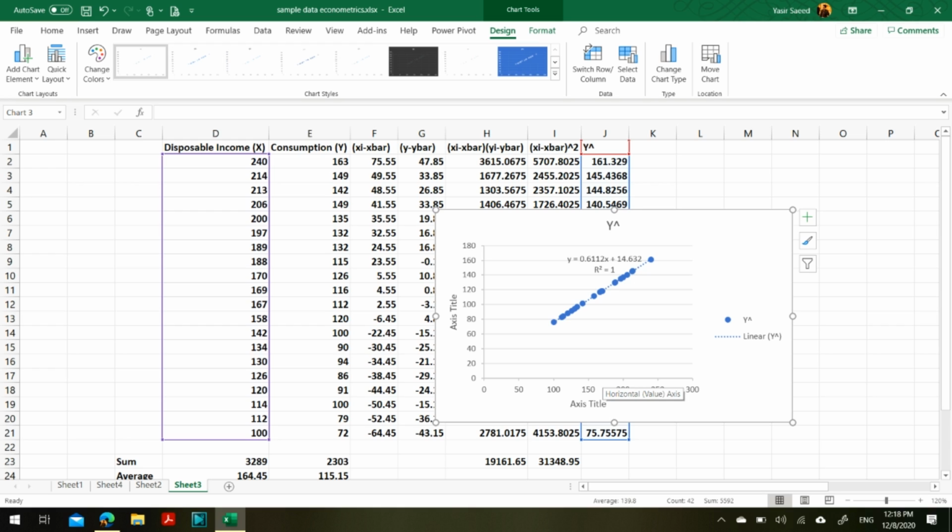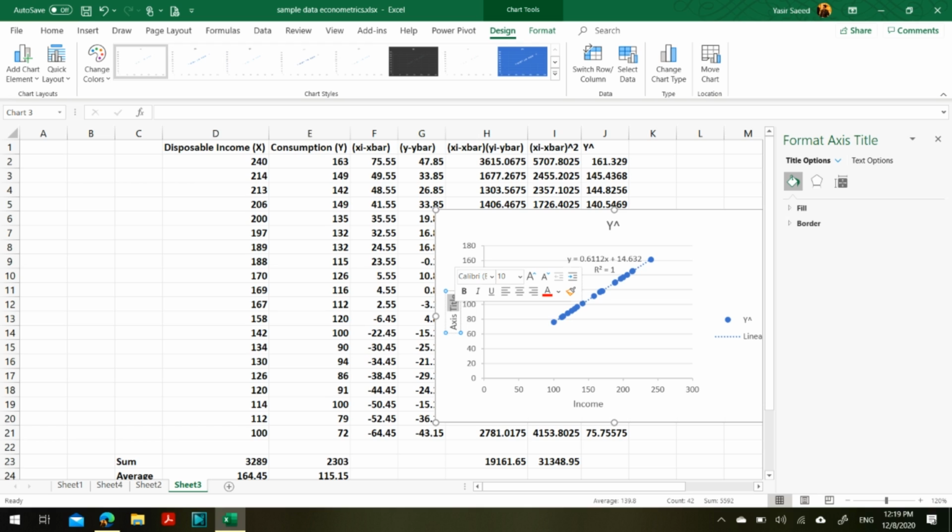And I may also change the axis title. For this purpose, I write this as our income, and on the y-axis I change the label by double clicking and deleting all the values. This is basically the consumption.